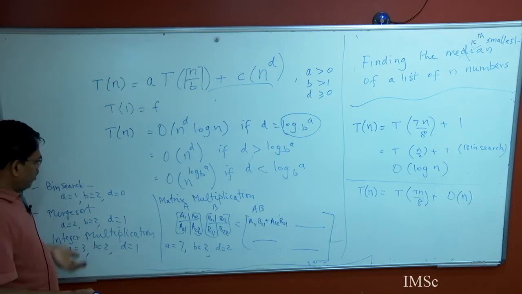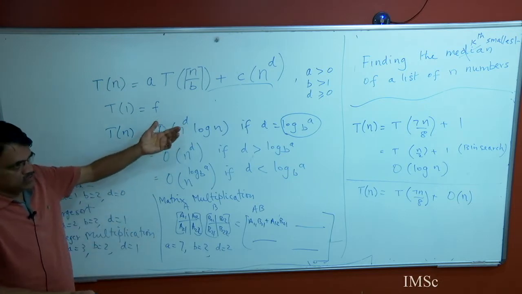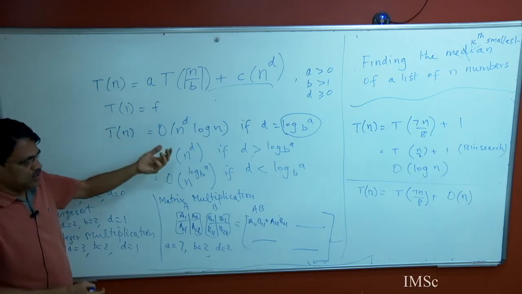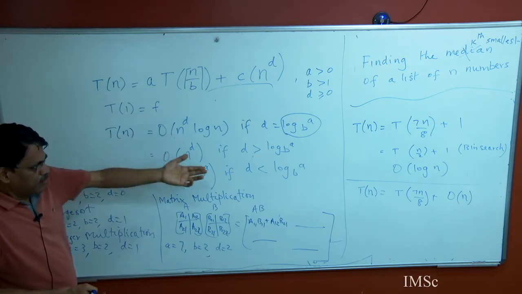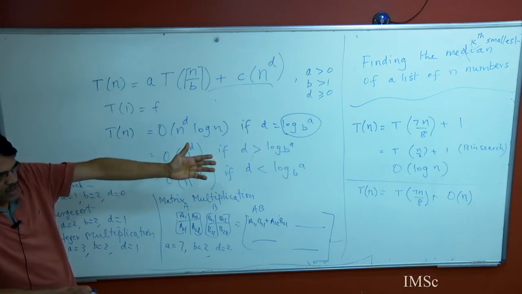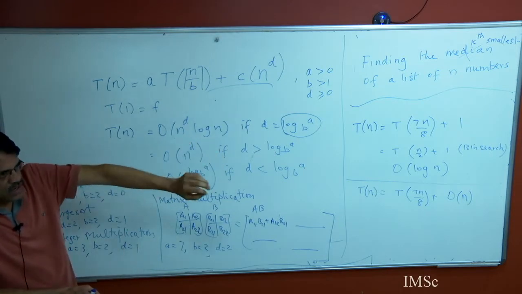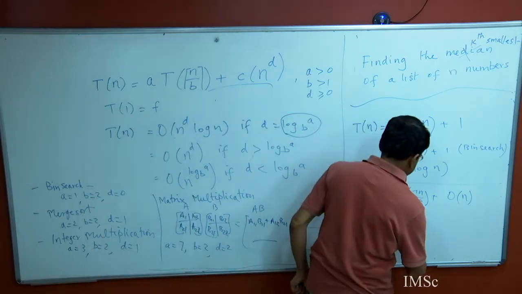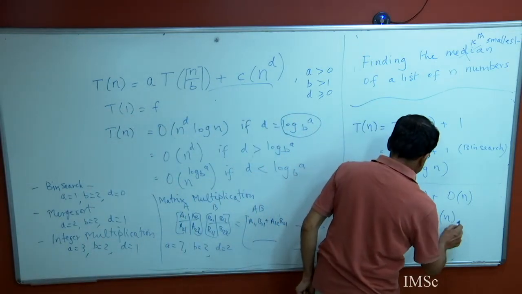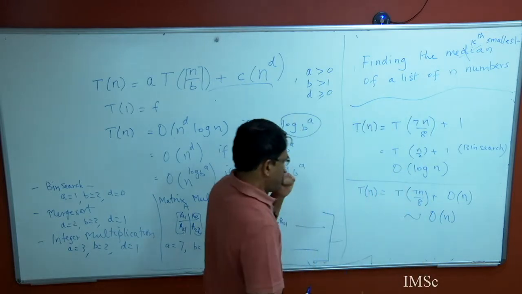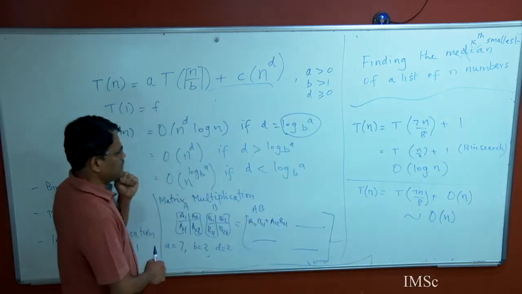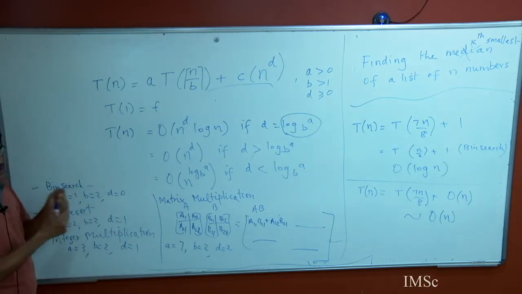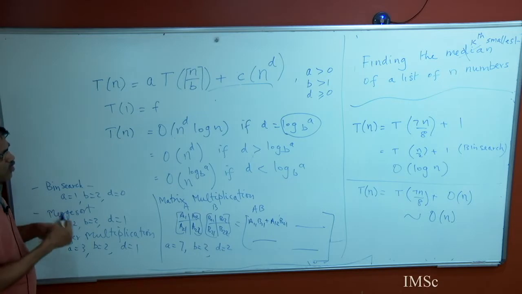Again, log a to the base b for us is 0, because a is 1 and b is a number bigger than 1. So log a to the base b is 0, but the other term is 1. So that is dominating, so that will be the solution. So it will be linear. You could just go and play around with this recurrence and get a hang of it.